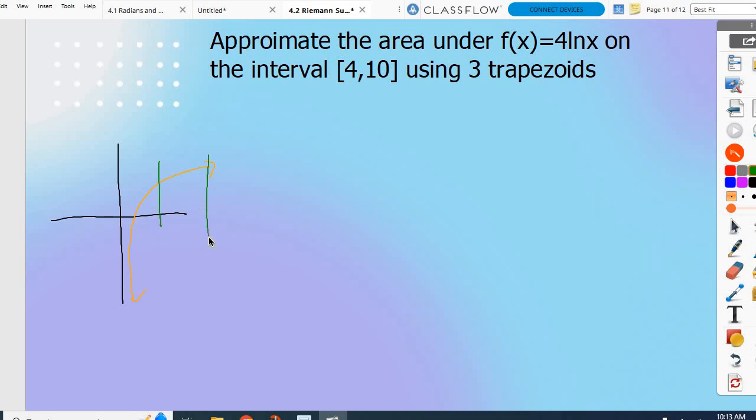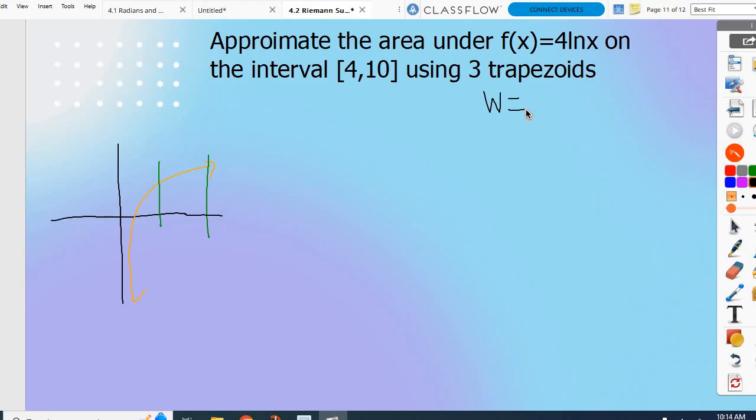to 10. Okay. Remember that this point on our axis is going to be at 1, 0, so we know that it's going to be a little bit a ways from that. Yes? So, how do I find my widths in this case? Which, remember, our widths are also technically the heights for our trapezoids.